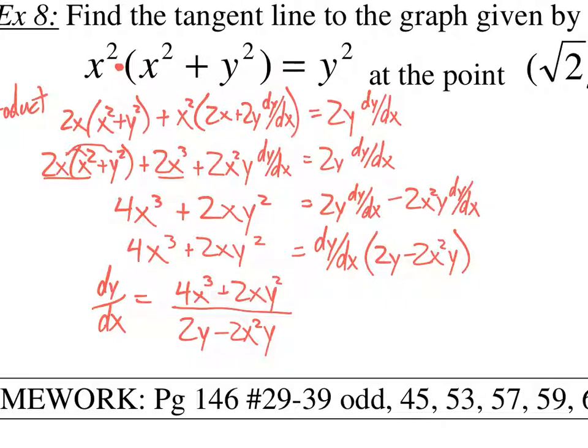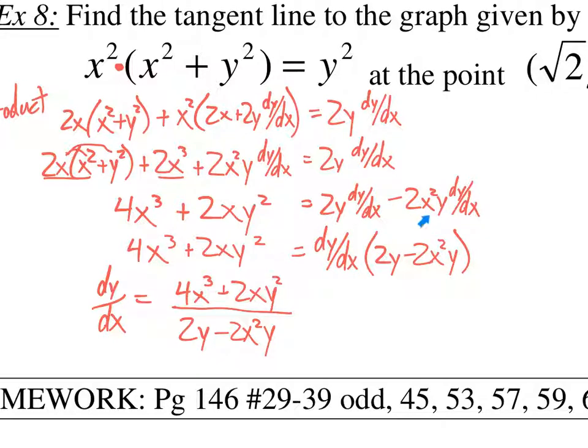Okay? Now it's just algebra, guys. It's just algebra. I went ahead and distributed the x squared to both parts of the parentheses. I also am going to distribute the 2x to both sets here, so I have a 2x cubed and a 2xy squared. The reason I do that is so that now I can take this term that has the dy dx over to the other side.